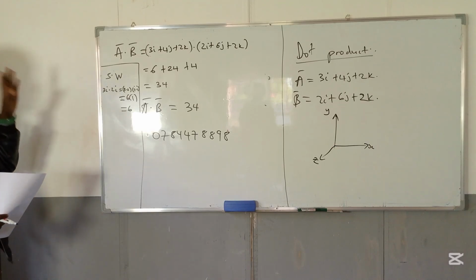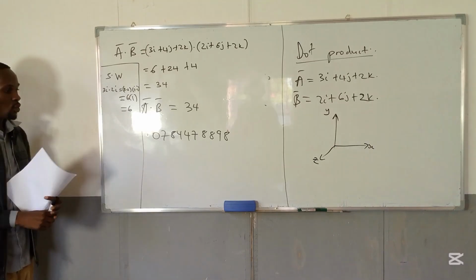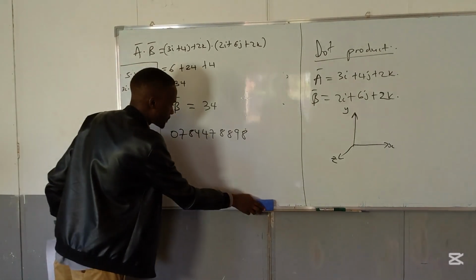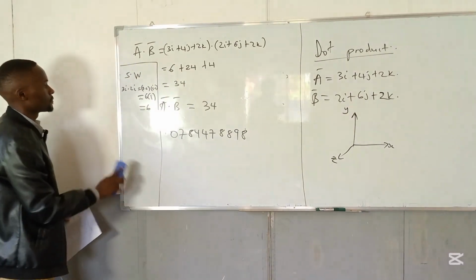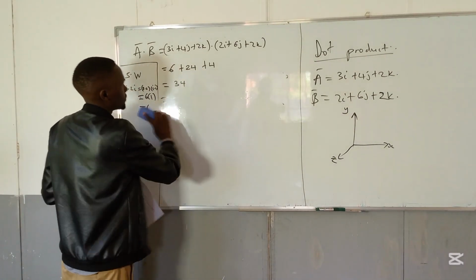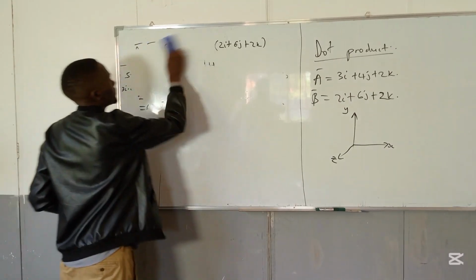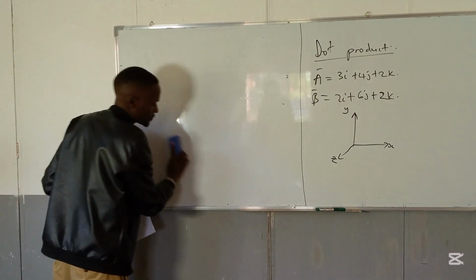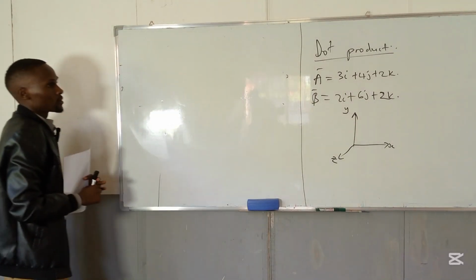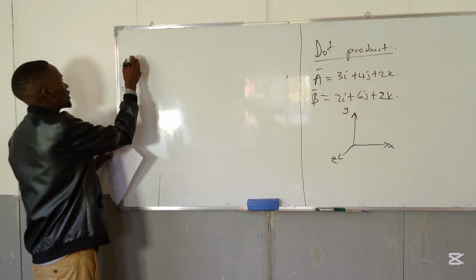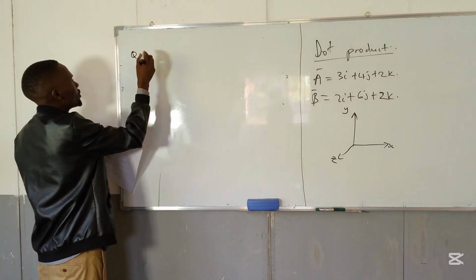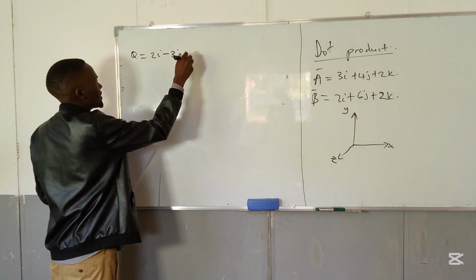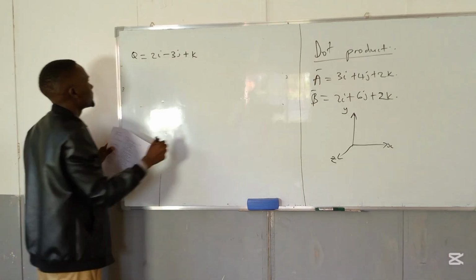Then we are going to do another example, and then we go to cross product. So if they give us a vector Q, which is 2i minus 3j plus k.